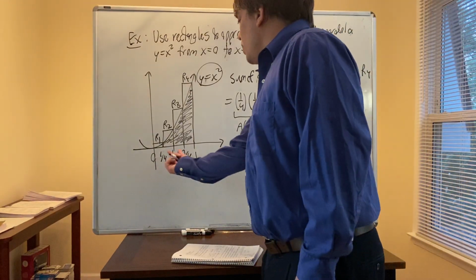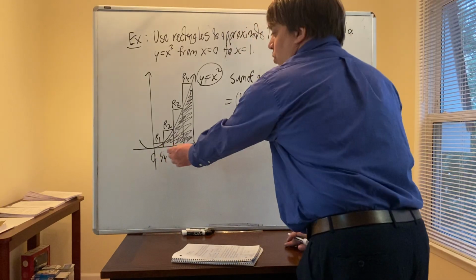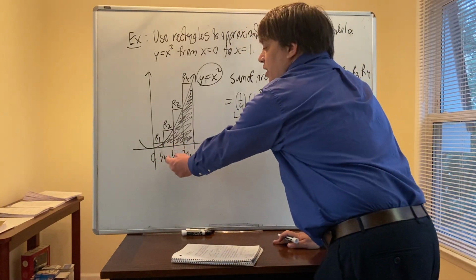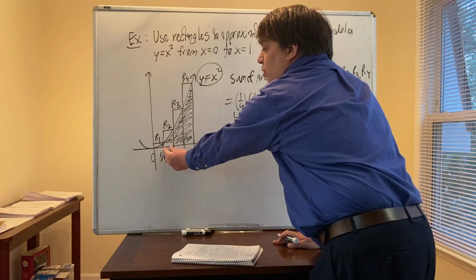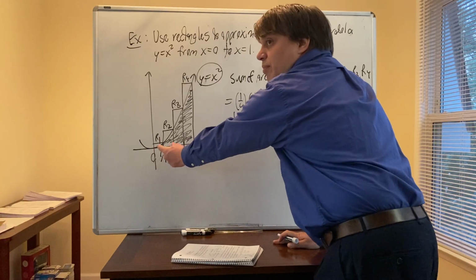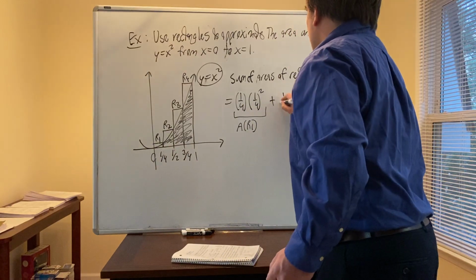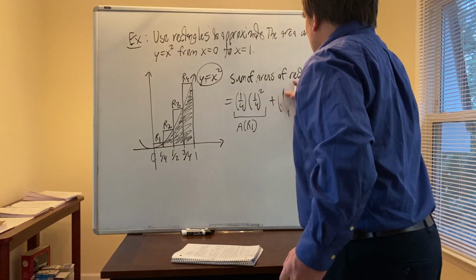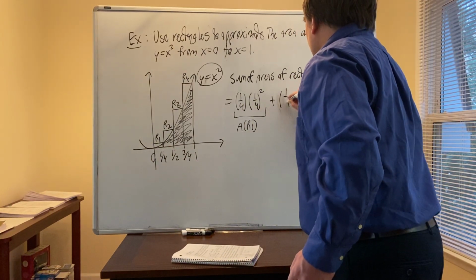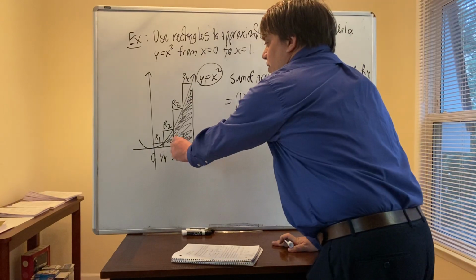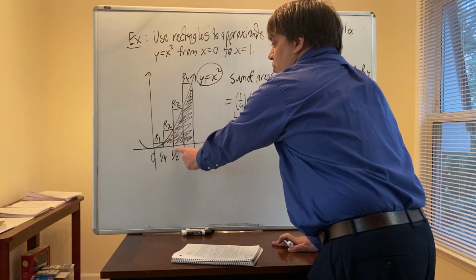The area of R2 is now the length of this subinterval, which is also 1/4, right? It's not 1/2, it's 1/4, because this rectangle only takes up this part. It doesn't take up the whole thing. So the base of R2 is length 1/4, times the height, which is now the height of the graph y equals x squared at x equals 1/2.